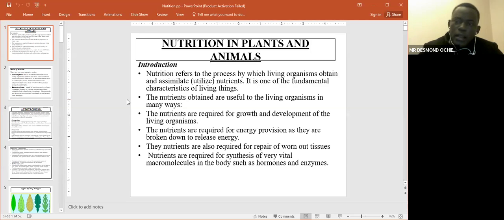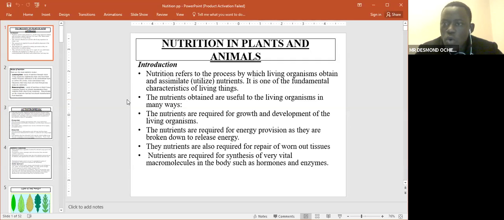Nutrition can occur in different ways depending on the organisms. The various ways in which nutrition occurs are referred to as the modes of nutrition. So we have various modes of nutrition depending on the types of organisms.